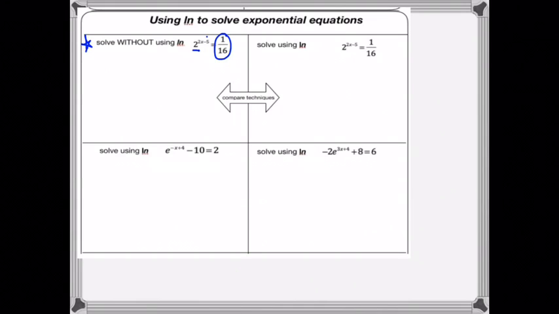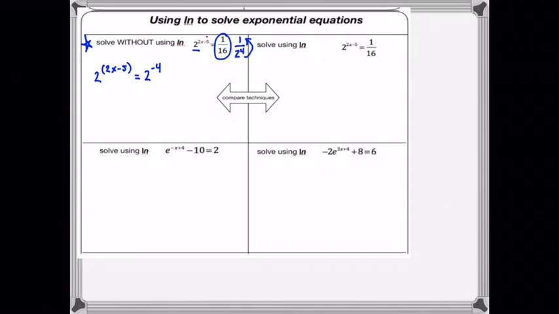And so what we did is that we went 2 to the 2x minus 5 power equals, and how am I going to write 1/16 as a power of 2? So I could go 2 to the 4th power is going to be 16, but I need that 2 to be up there so I can make the 4 negative, and that's going to give me 2 to the negative 4th.